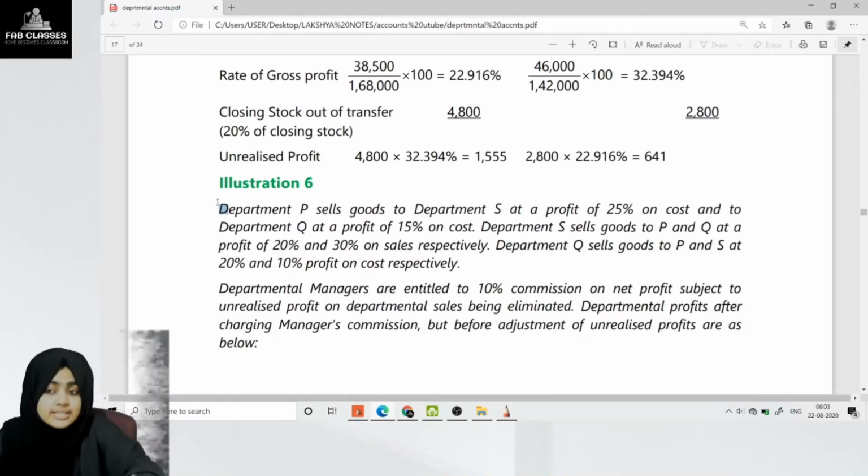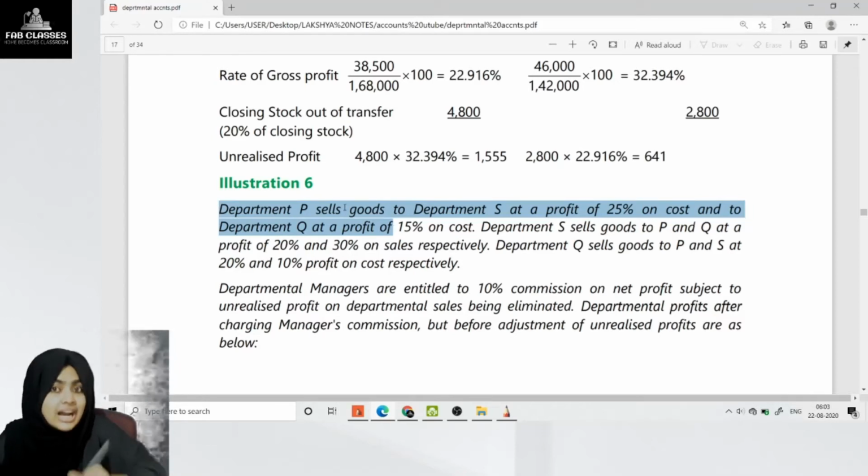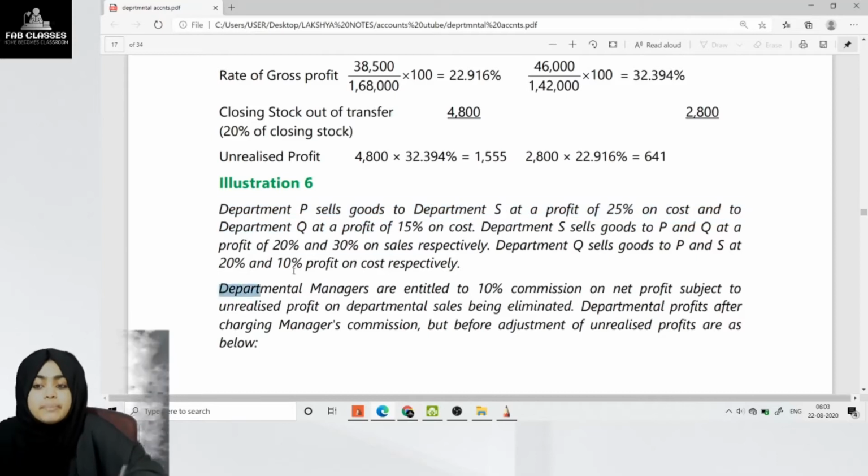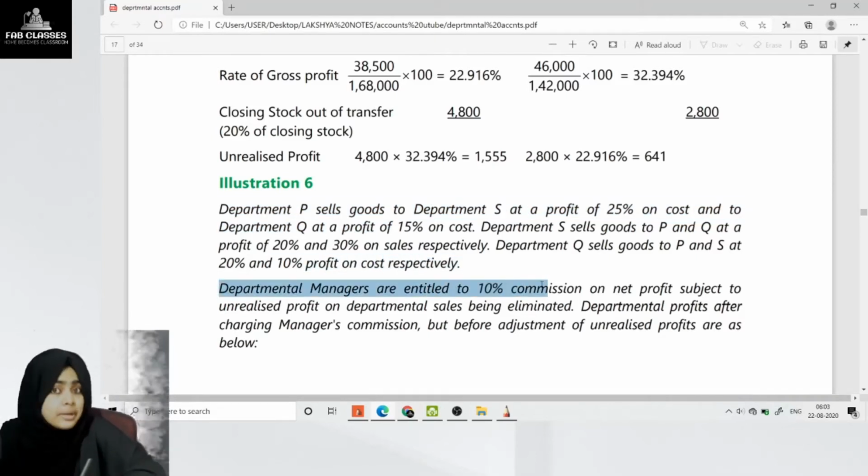So if these goods which have been transferred are lying in the closing stock of the department, then there will be unrealized profit in that closing stock. So from that, the unrealized profit component should be separated. So they are saying that the departmental managers should get a 10% commission, charged on net profit after subtracting this unrealized profit.